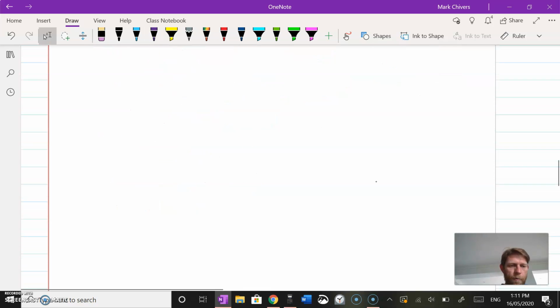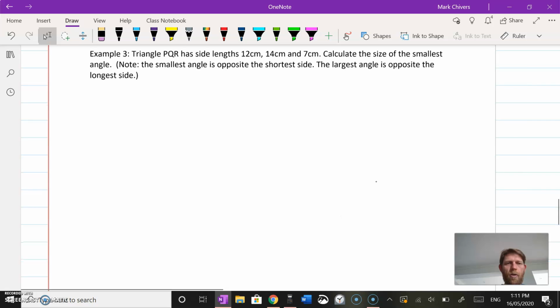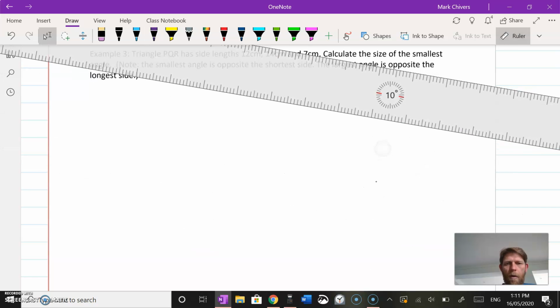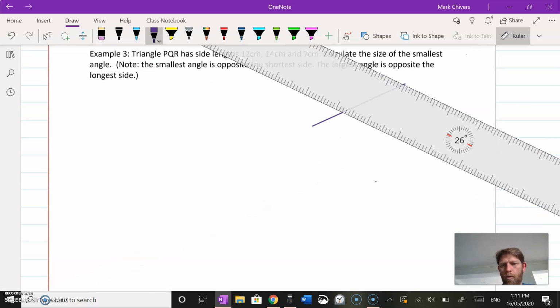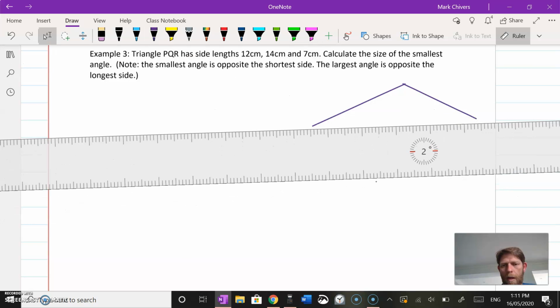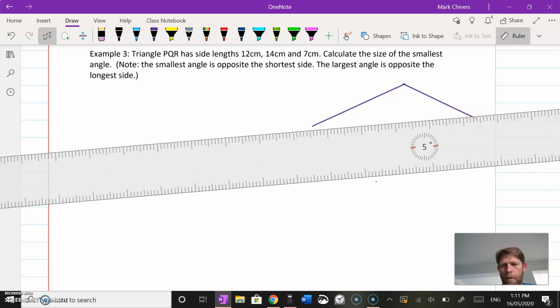And our final example involves a triangle that has yet to be appropriately named, yet to be drawn. So I'll pull out my ruler. Now, I don't really care if this isn't to scale. When you're drawing your triangle, just draw 3 sides, and we won't worry too much about whether it's to scale.